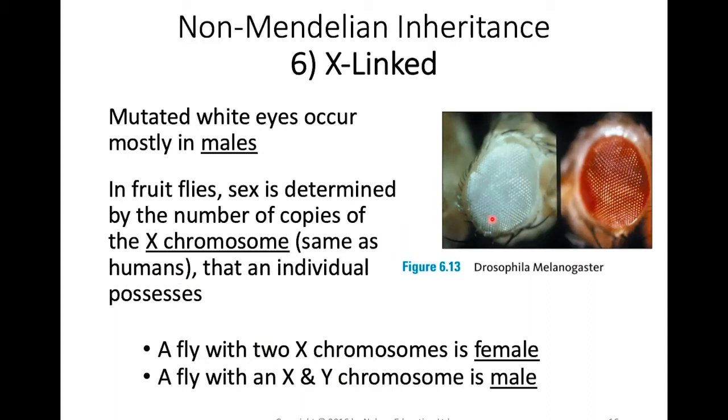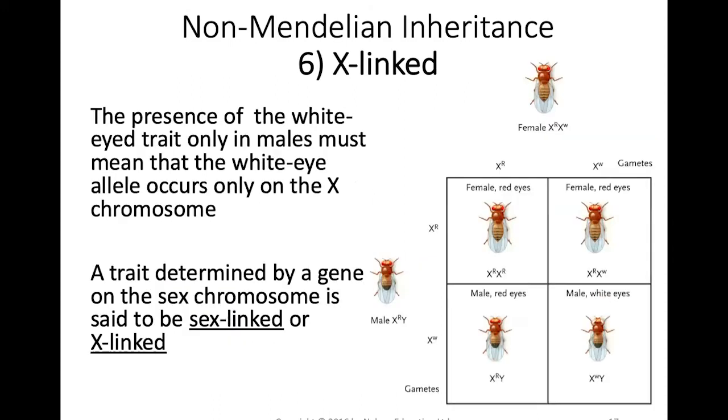Okay, so we're going to be taking a look here at fruit fly eye color. Typically, fruit flies have red eyes. You can have fruit flies with white eyes, and that tends to be seen more commonly in males than in females. That is because with X-linked inheritance patterns, females need two copies of the recessive allele in order for it to be expressed, whereas males only need a single copy.